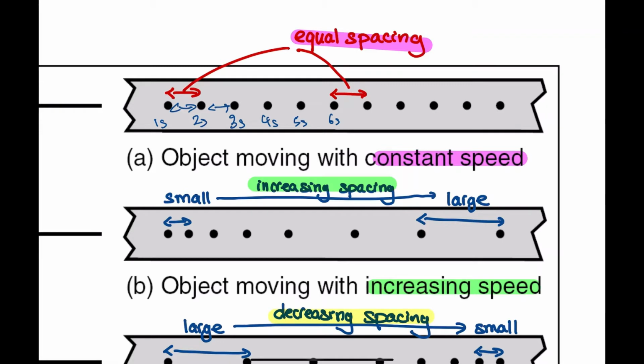Because we know that speed equals distance over time, the change in distance divided by the change in time is the same. So we know that this whole area is moving with constant speed.